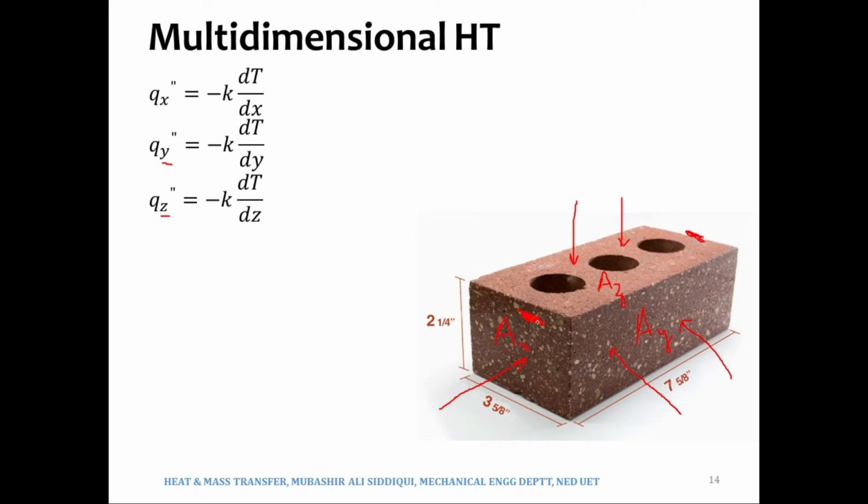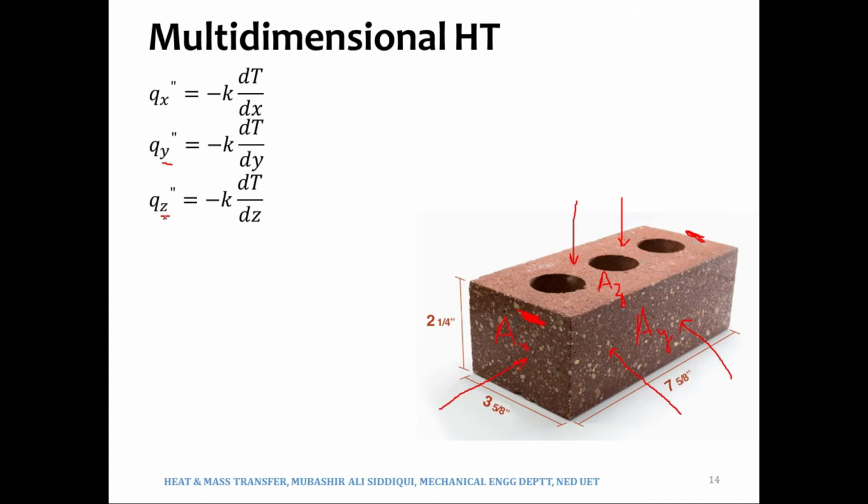If the temperature difference between this face and this face is smaller, the heat flow would be smaller. And if the temperature difference between these two faces is large, then more heat will be transferred. So the heat transfer in fact depends upon the temperature difference, right? So it is also not necessary that Qx and Qy and Qz all have the same values. Qx may have a different value, Qy may have a different value, and Qz may also have a different value depending upon the temperature differences.